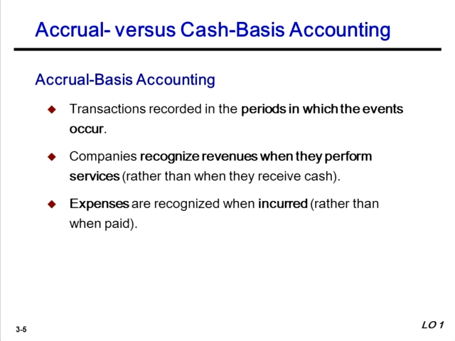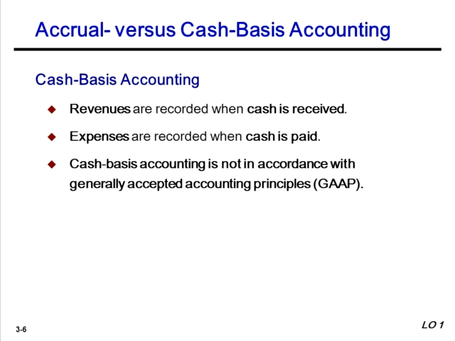Expenses are recognized when they are incurred, not necessarily when they are paid, but when the benefit is derived from that expense in terms of helping the entity generate revenue. Cash basis accounting, in that case, revenues are recognized when cash is received, expenses are recorded when cash is paid.